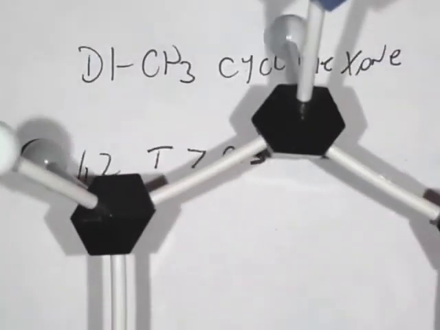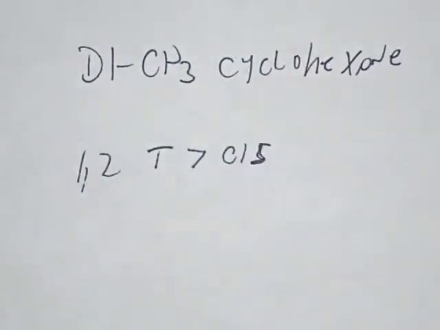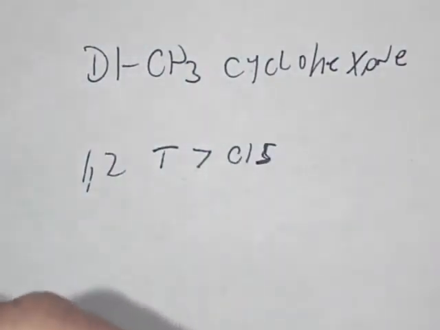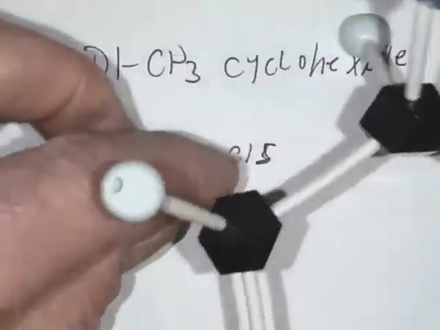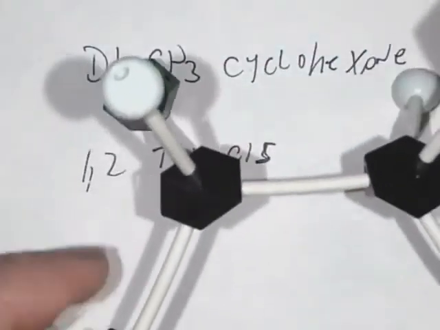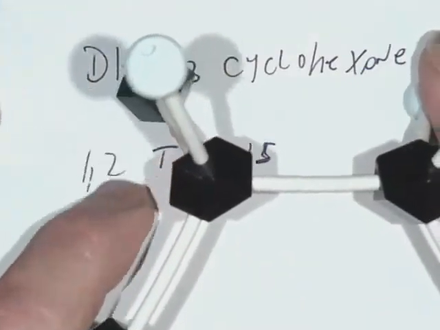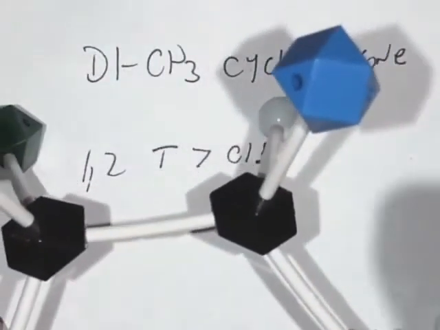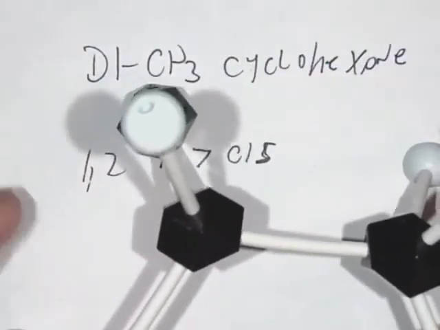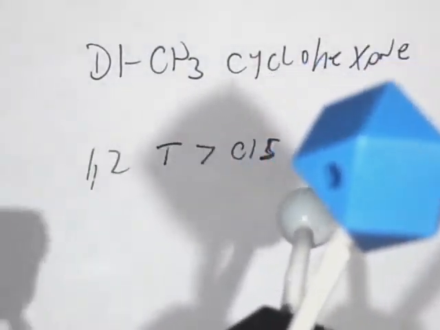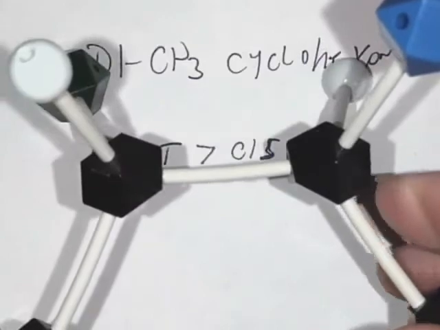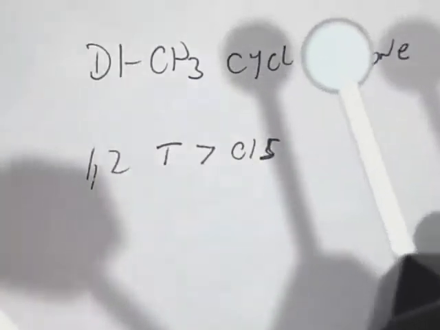Now I'm going to put a green atom, and I'm going to put it 1, 2, and I'm putting it into a trans position with this planar ring. Do you see that? When this is planar, the blue is up, the green is touching the page. 1 up, 1 down, that's trans, 1, 2 trans. Here, do you see them?